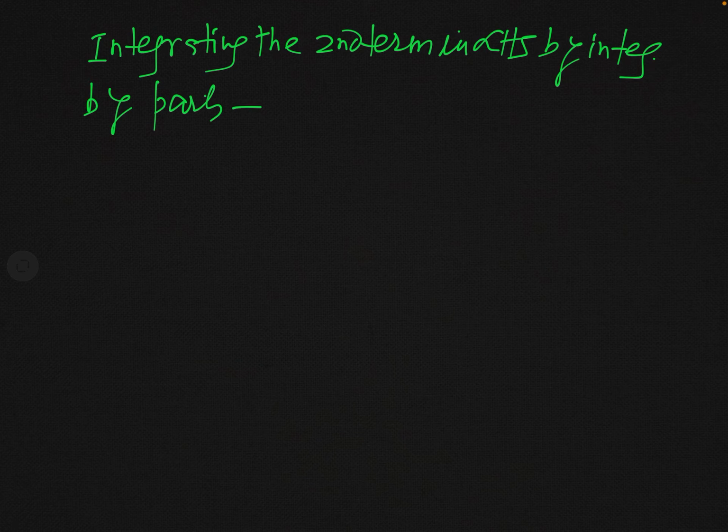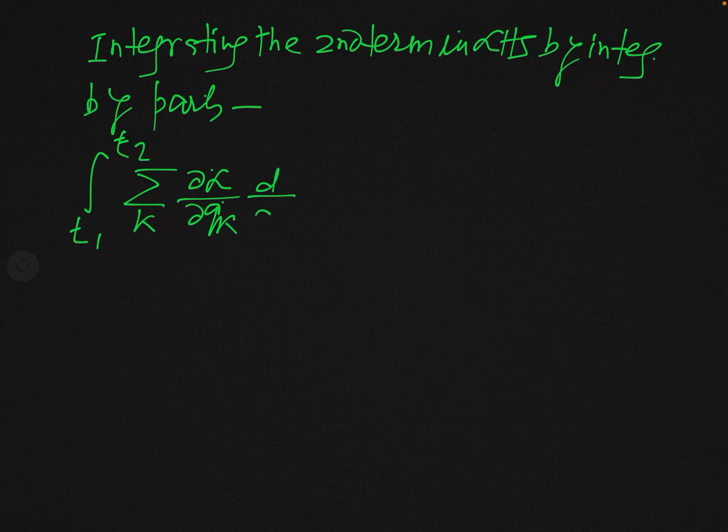You can see what will be this integral. This term is actually the integral from t1 to t2, summation over k, of del L by del qk dot times d dt delta qk dt.